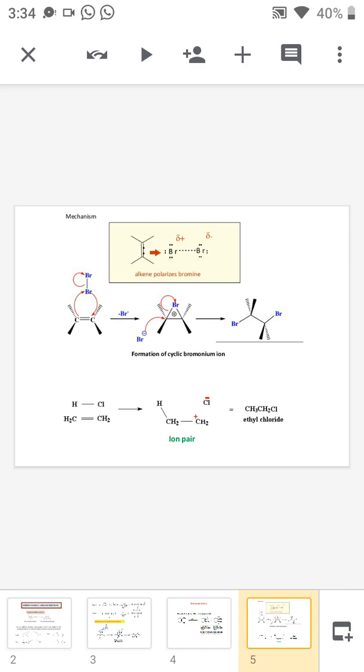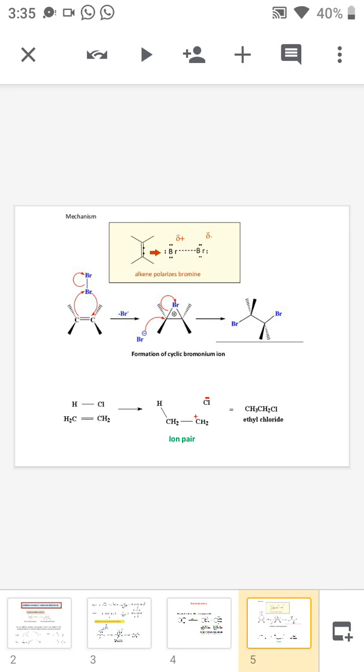That is a symmetrical alkene CH2CH2 to which a polar molecule is added, that is HCl. And here the hydrogen is an electrophile and the Cl is a nucleophile. First of all, the hydrogen, that is an electrophile, is added to the alkene, and we produce a carbocation, and that carbocation is stabilized by the nucleophile Cl minus ion, and this pair exists as an ion pair.